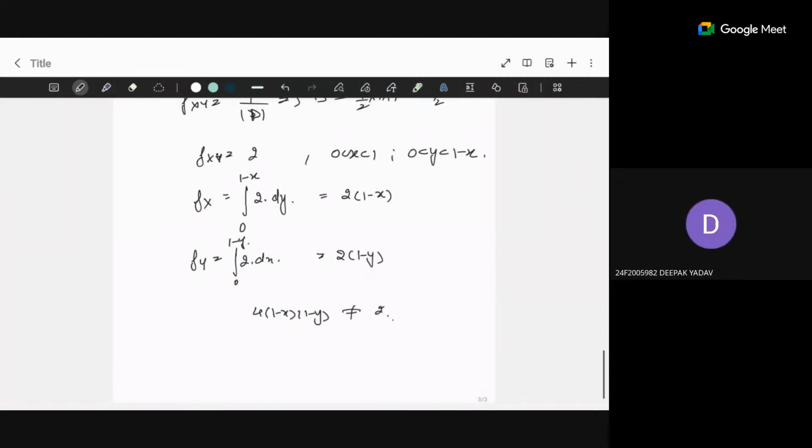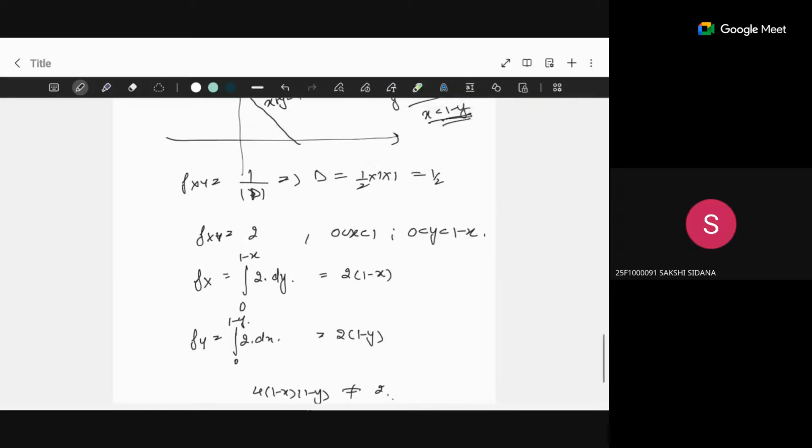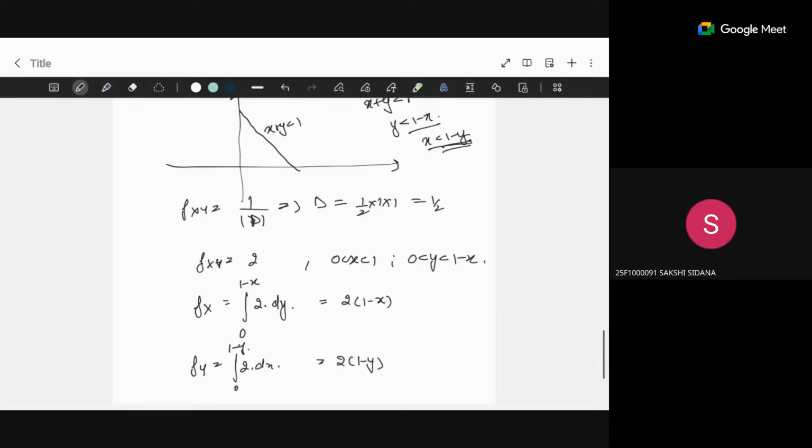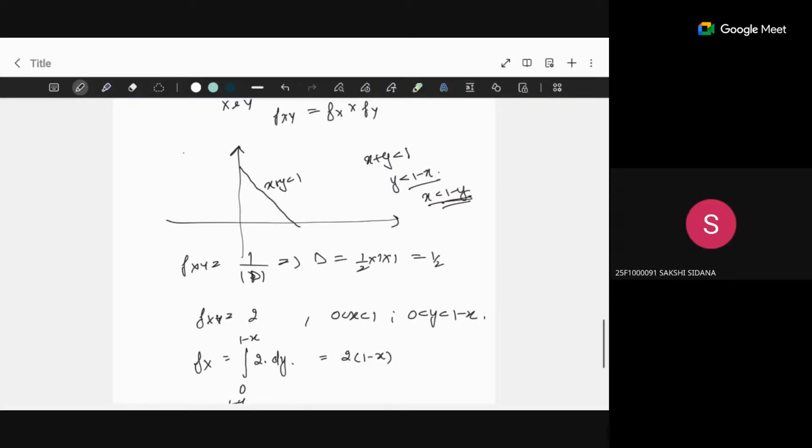Ma'am, where is it written in the question that it is 2? You have to calculate the joint f(x,y), no? But ma'am, the values are not defined. It is just said that x plus y less than 1 and x greater than 0, y greater than 0. So if this is the region you have been given and you need to find the joint PDF, how do you find it?